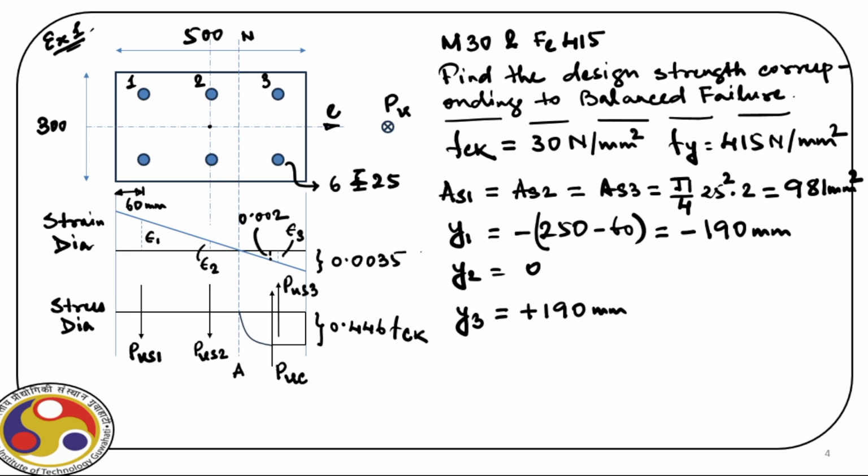So for that, let us go to step 1. Remember, we identified different steps. For this problem, the first step is to identify strains in different layers. Normally, we first find out XU.